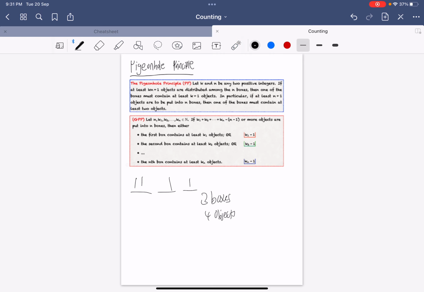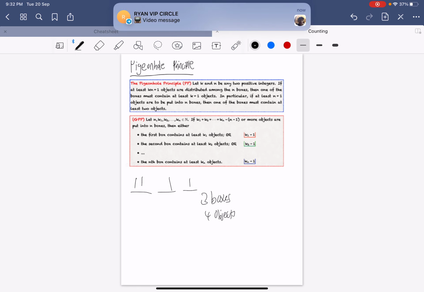But let's take note that while the Pigeonhole Principle states that at least one of the boxes must have n plus 1 objects, it might be so that some of the boxes have no objects and the other boxes have even more than n plus 1 objects. So you are not able to tell how many boxes are filled with how many objects, but you at least know that one of the boxes must have at least n plus 1 objects.